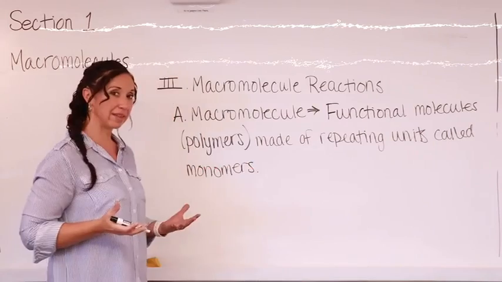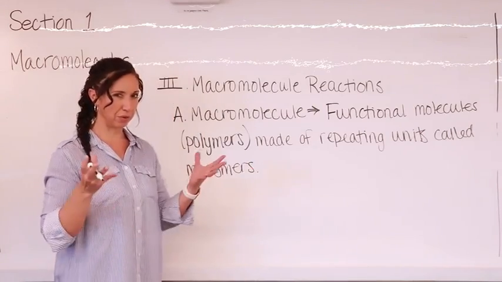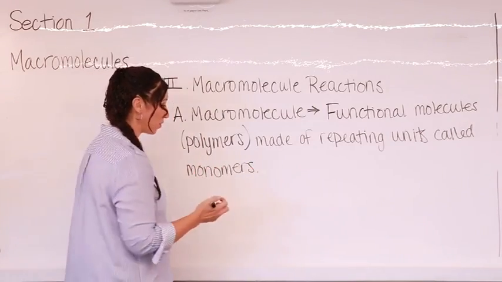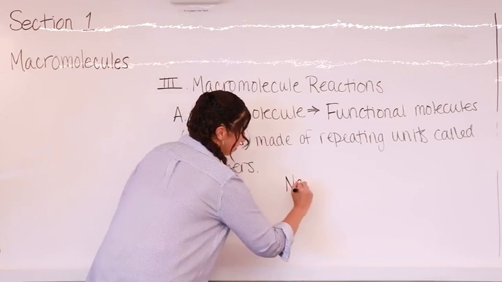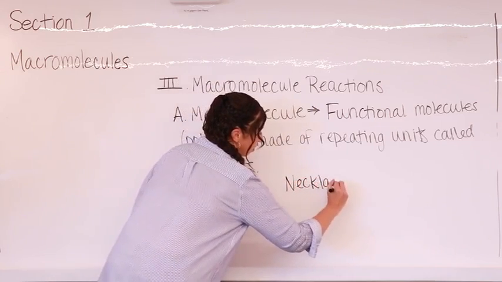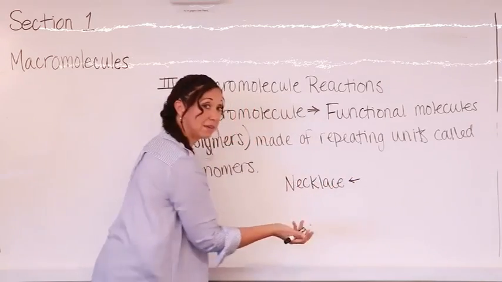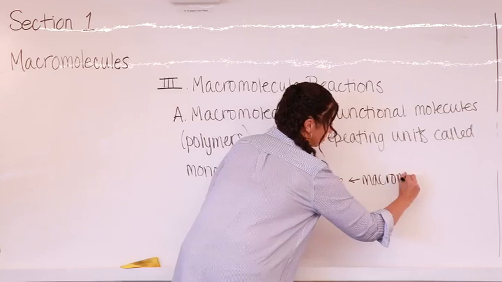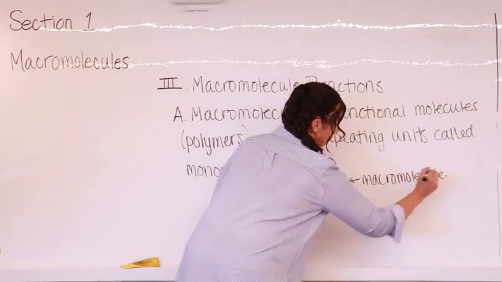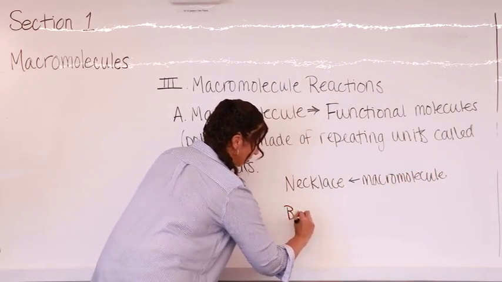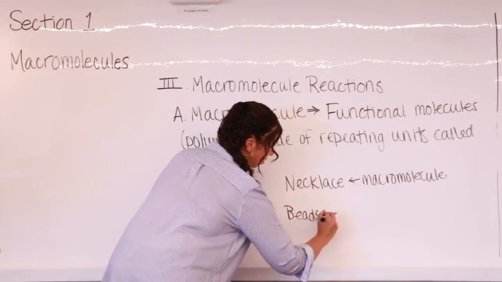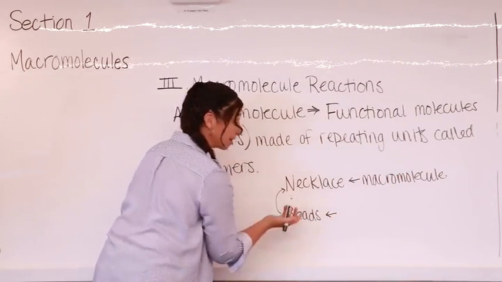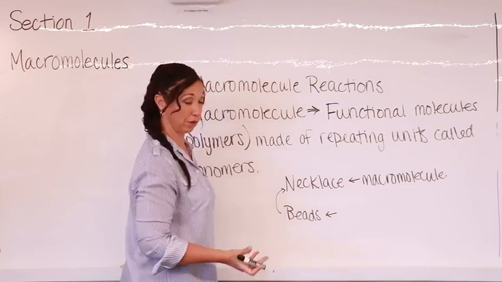So if you want to go back to that example I just gave you, just to bring it down to a practical level, if you're thinking of a necklace, that would be the macromolecule. The beads that make up the necklace, that would be the monomer.